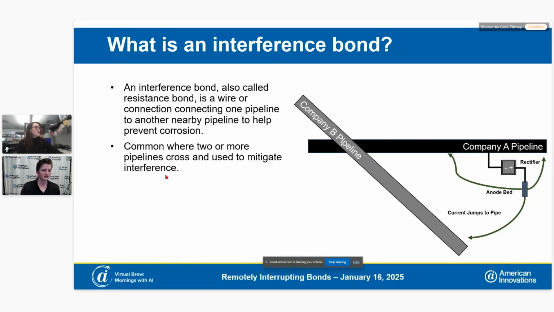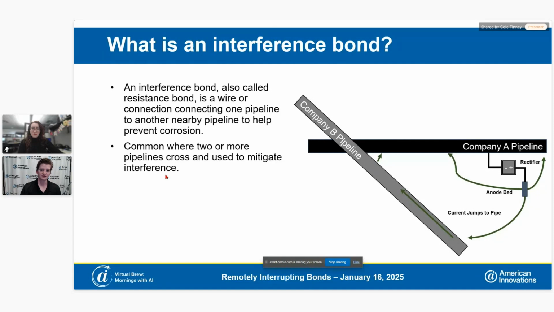So that current may jump from your anode bed over to the other pipeline and start flowing on the crossing pipeline. When that happens, at some point that current is going to want to jump off of company B's pipeline. This could be due to the crossing, or less resistance in another area of the pipeline, and that current is going to flow wherever there's least resistance, right?